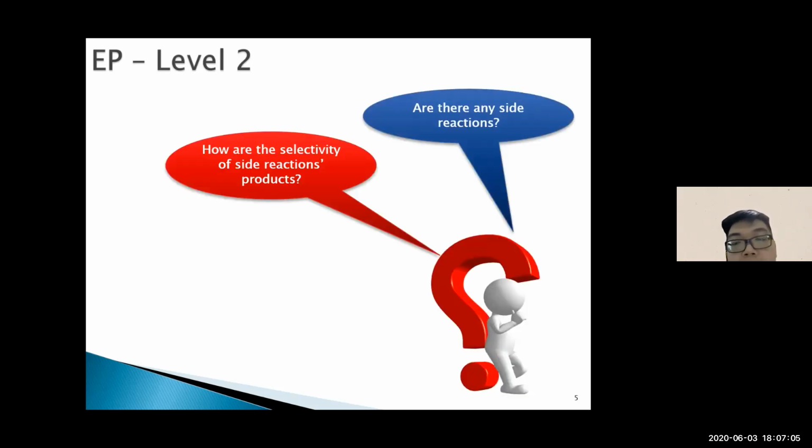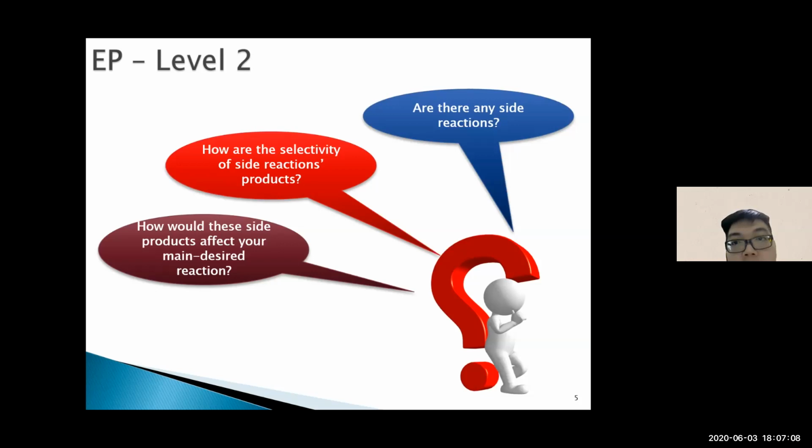After that, we will look at EP level 2. This is where things get a bit more complicated. And then whether this selectivity will affect the main purpose of your plant, whether you want to produce the main product or you want to produce some other product as well.